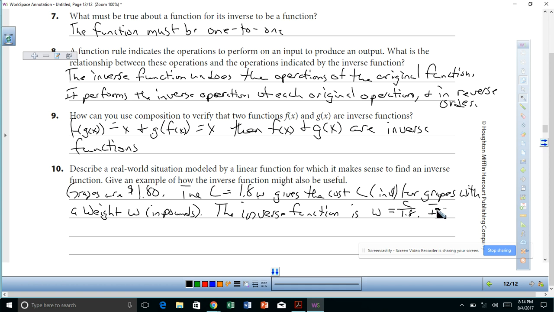It gives the weight of the grapes purchased as a function of their cost.